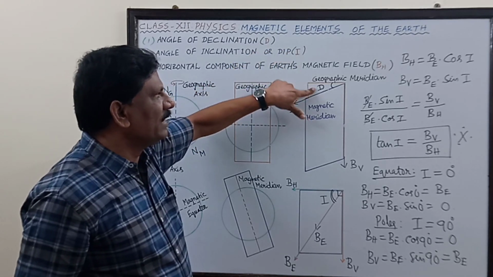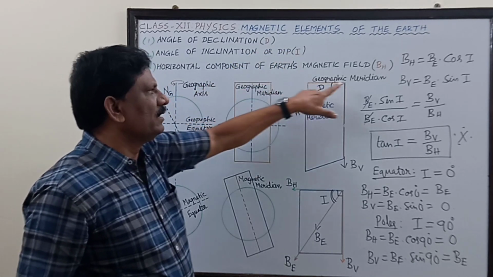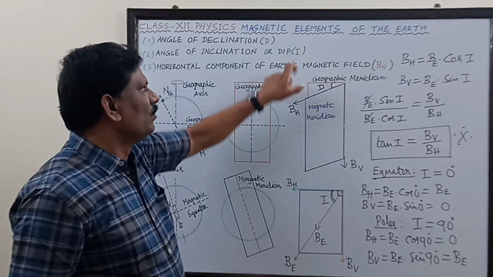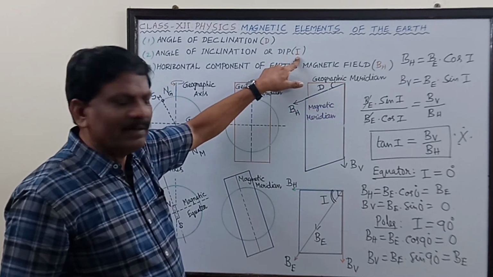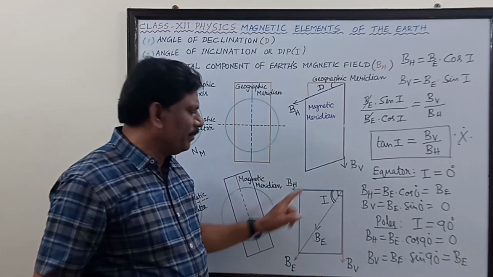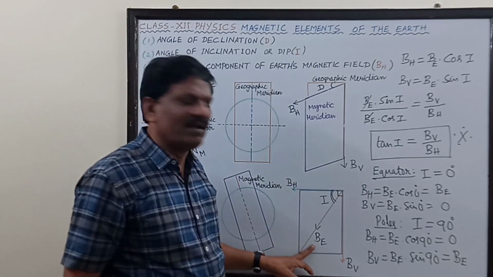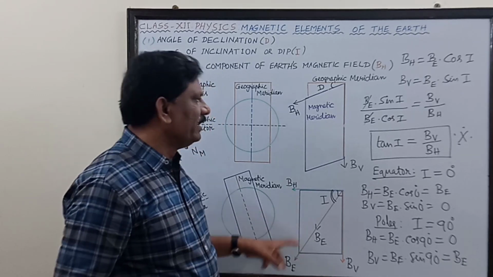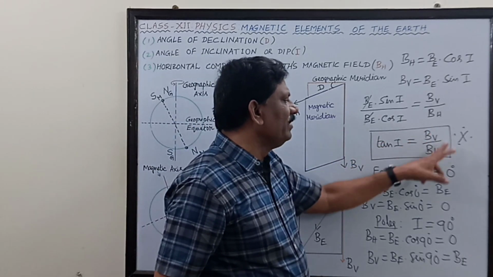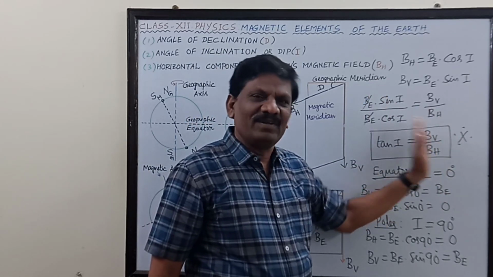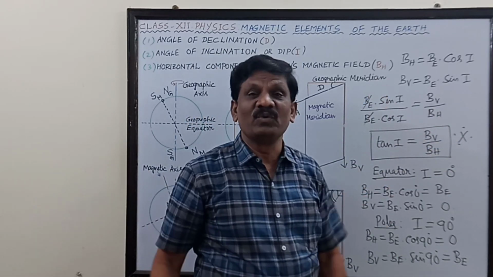It is the angle between the geographic meridian and the magnetic meridian. Then what is angle of dip? Angle of dip is the angle made by the total magnetic field of the earth with the horizontal direction. And the equation tan I is equal to BV by BH is totally important for solving problems. I hope you must have understood well. Fine.